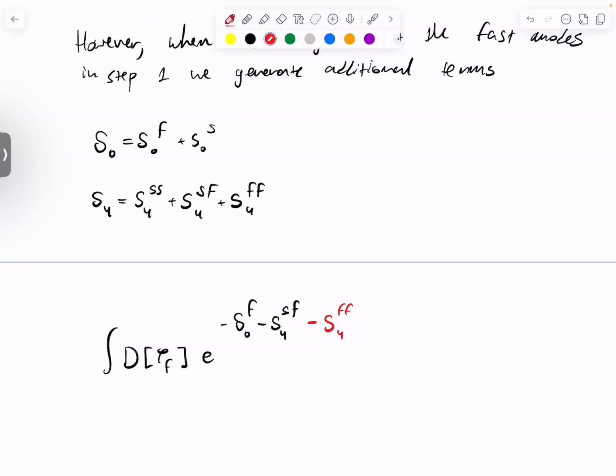But because our fixed point is the Gaussian fixed point, we're not going to take into account the effects of this S4 FF here. We're treating it as a perturbation. It may appear at higher orders, okay? But at this order, we can safely neglect this. If you like, this term is already proportional to U.